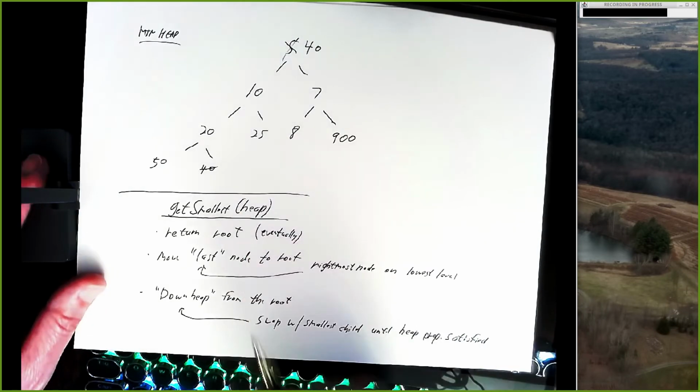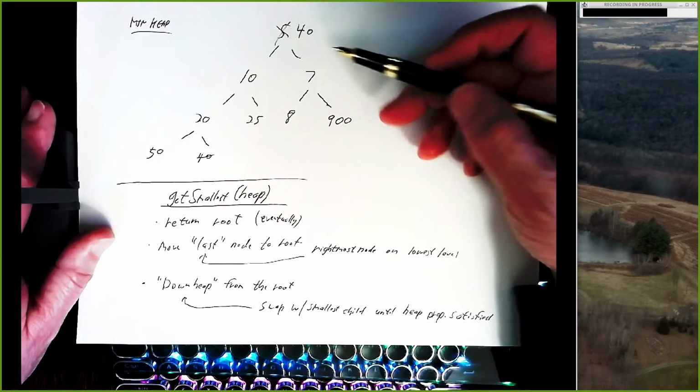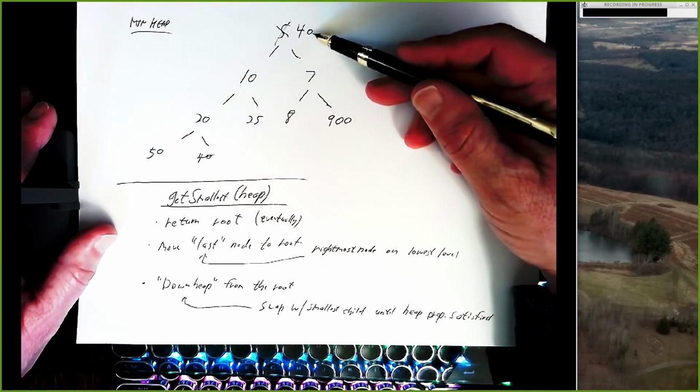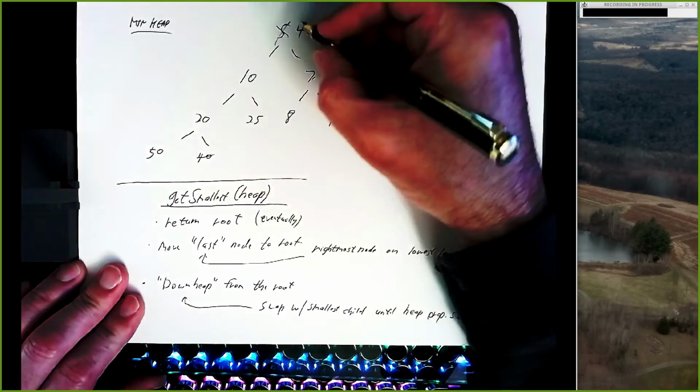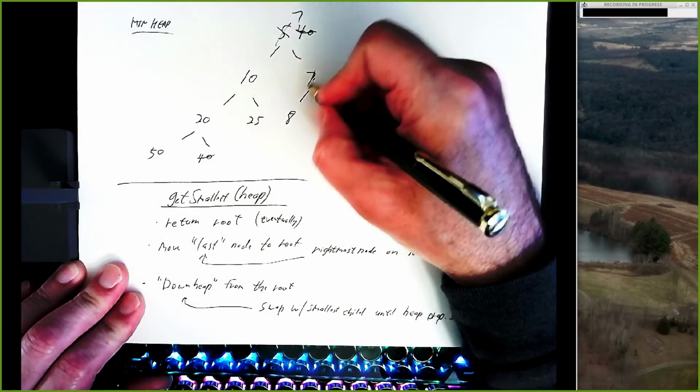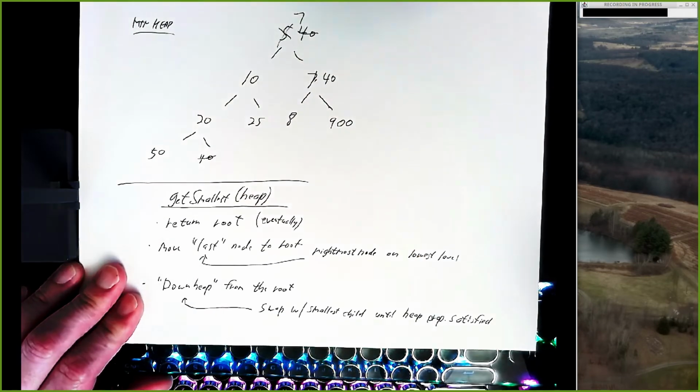So we'll start from the root and we'll say, is the heap property satisfied? No, 40 is not smaller than both children. So we'll swap 40 with the smallest child. There's a 10 and a 7, we'll swap it with the 7. So 7 goes up here, 40 goes here.